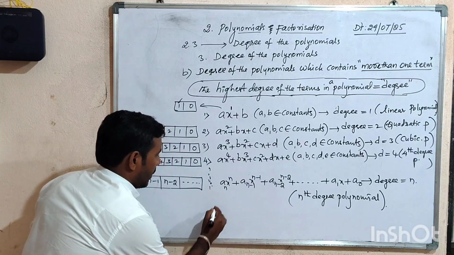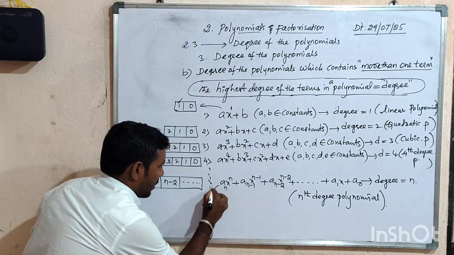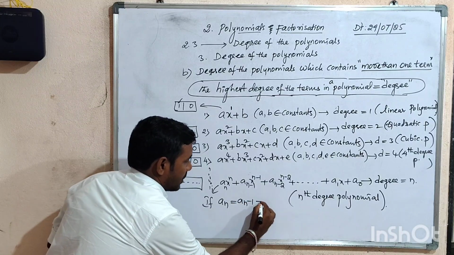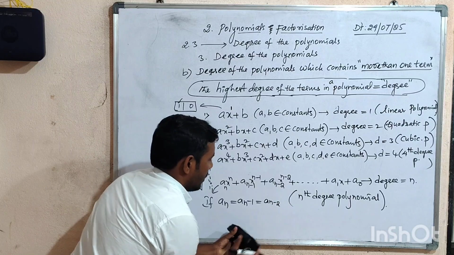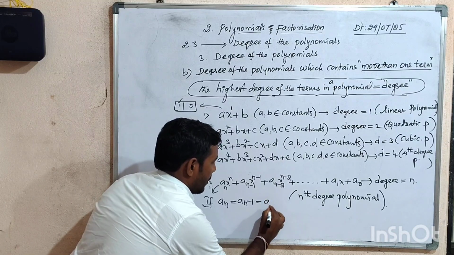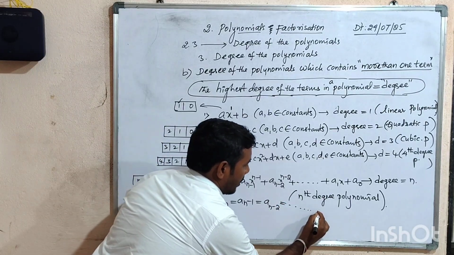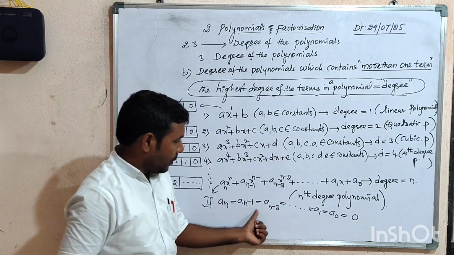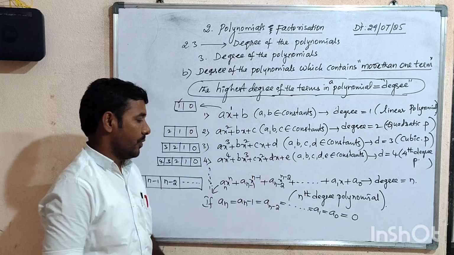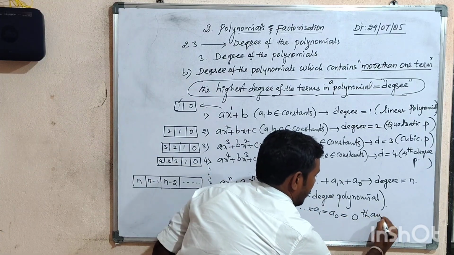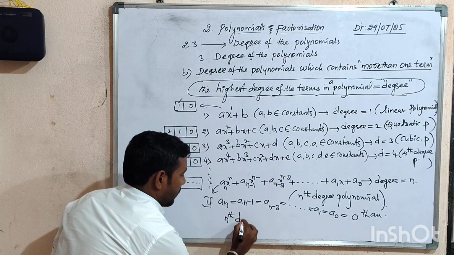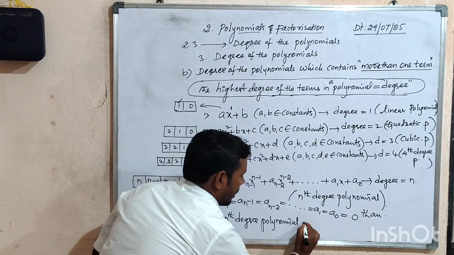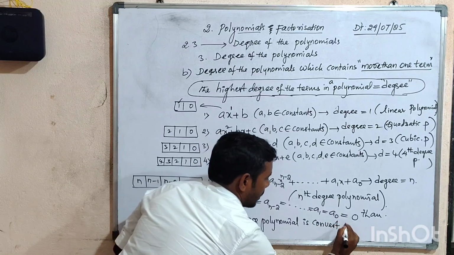One small important thing here: in an nth degree polynomial, if an is equal to an minus 1 is equal to an minus 2 is equal to dot dot dot a1 is equal to a0 is considered 0, in a sense, if all the coefficients of the variable are 0, then the nth degree polynomial is converted to the 0 polynomial.